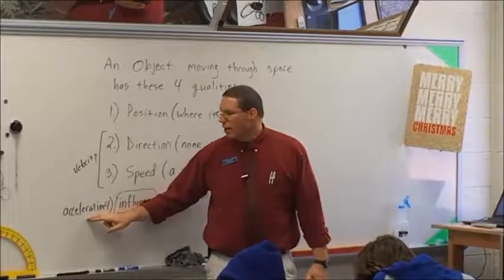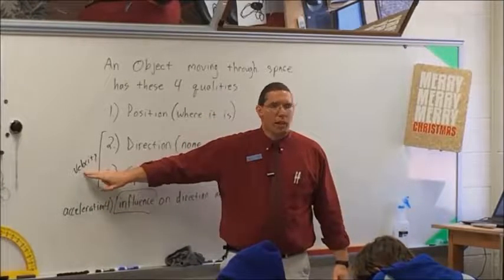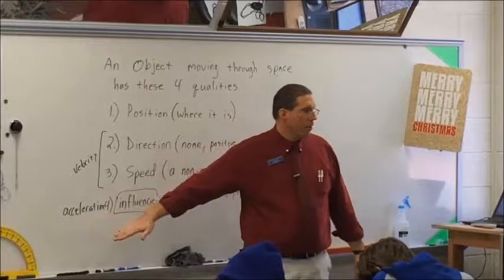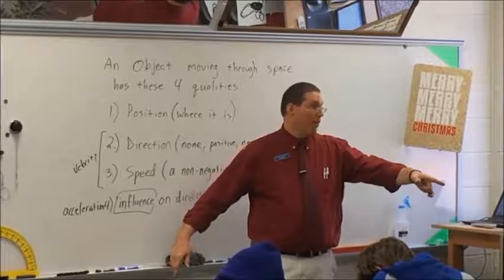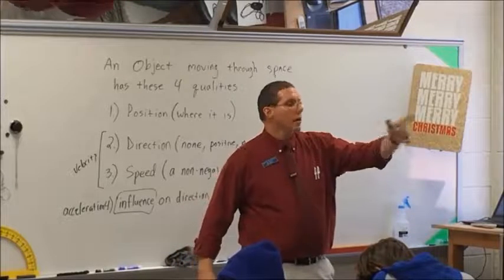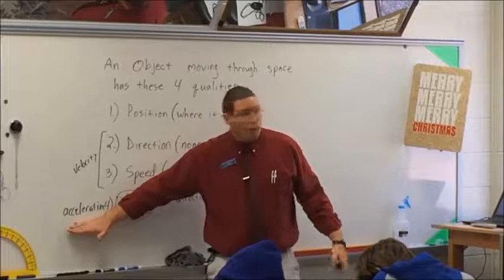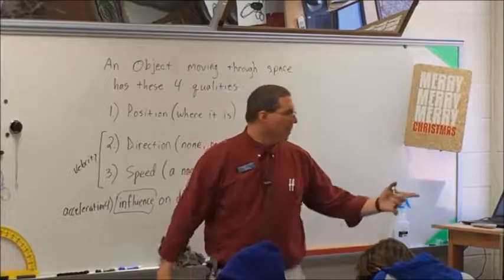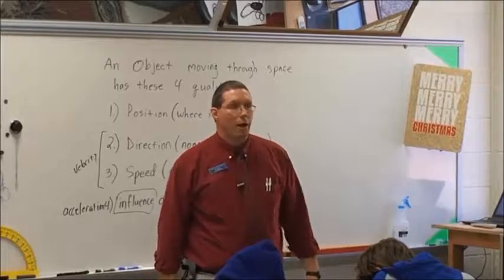And if acceleration is the derivative of velocity, and velocity is the derivative of position, well then what else can we say? Acceleration is the second derivative of position. There you go. Yeah, so that's what you meant to say, right? Okay, are we good?